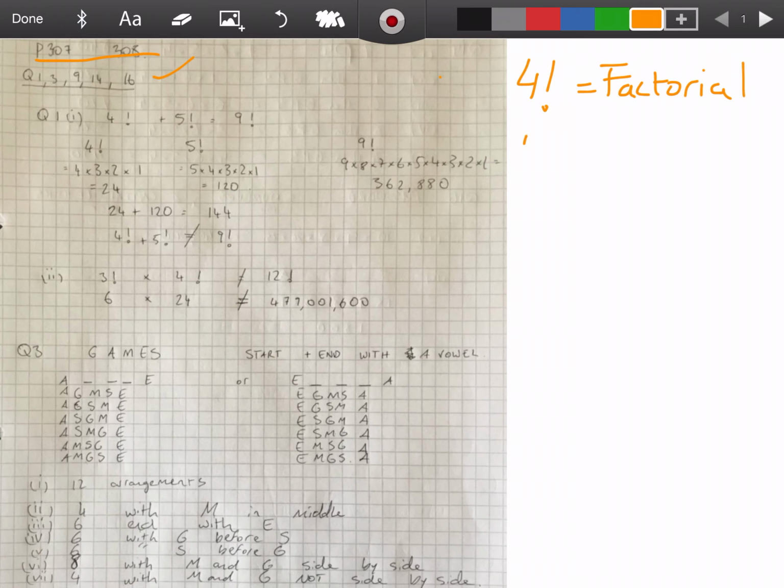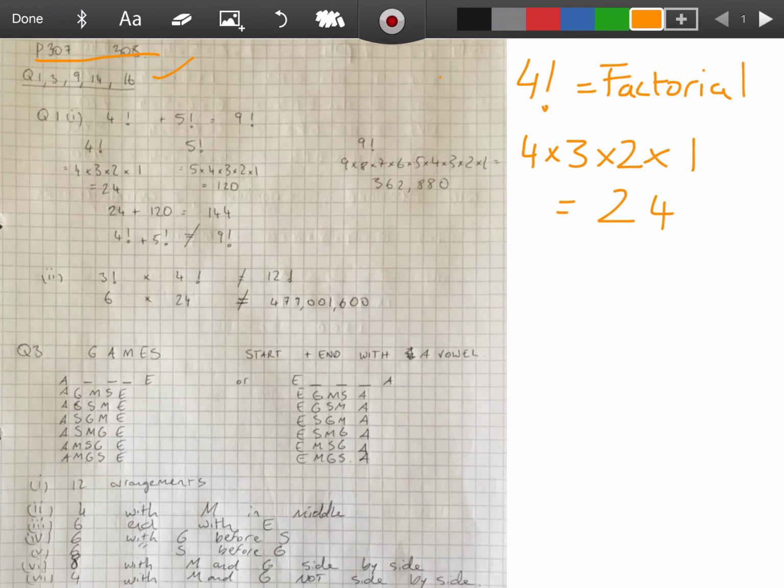We start with 4 and multiply by 3, multiplied by 2, multiplied by 1. So there's that many options. We can use this to figure out loads of different stuff, and in this case it's 24. So there's 24 possibilities if you want to think about it this way.